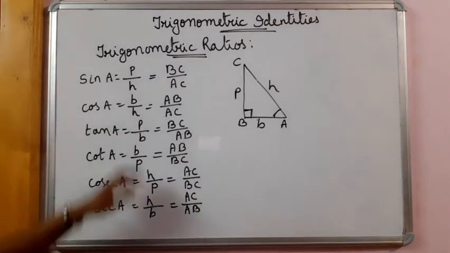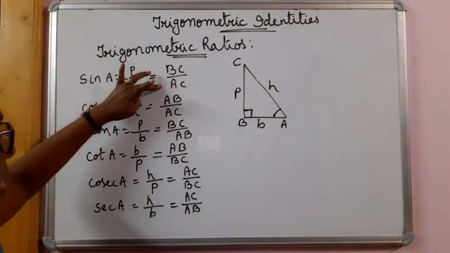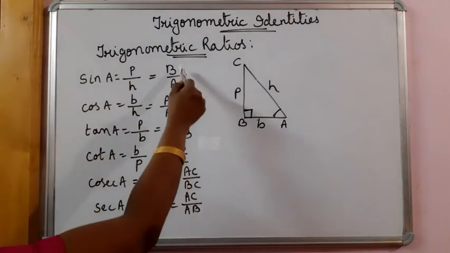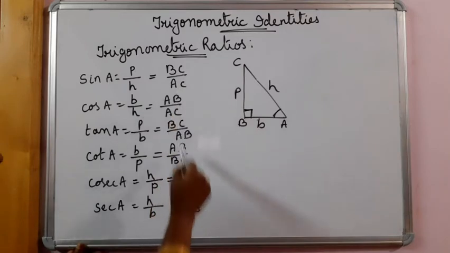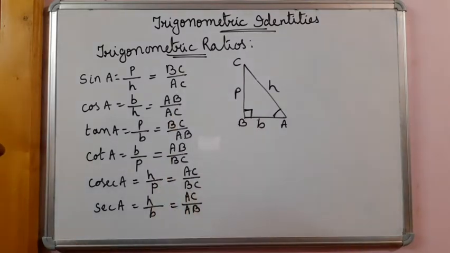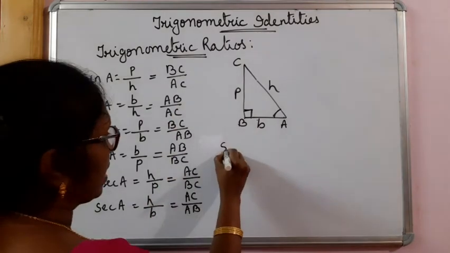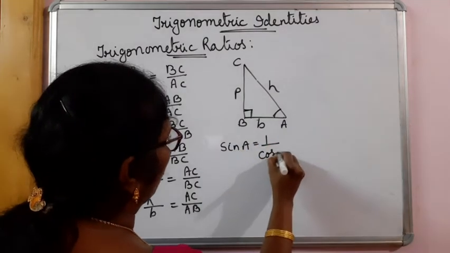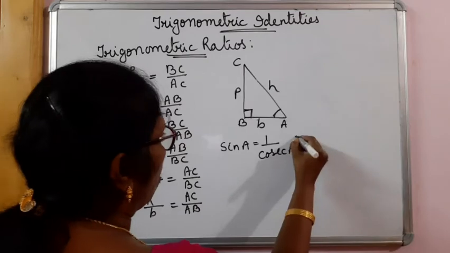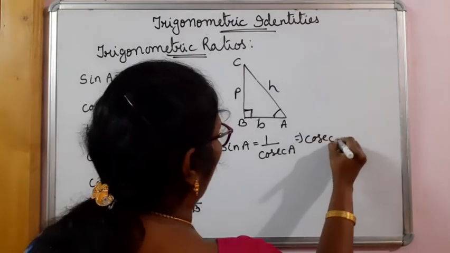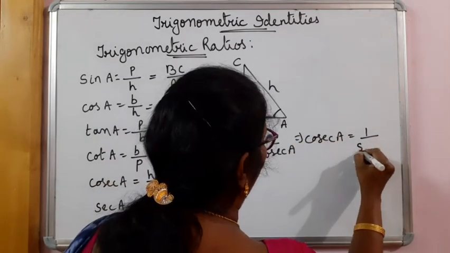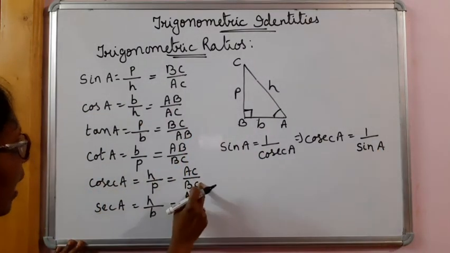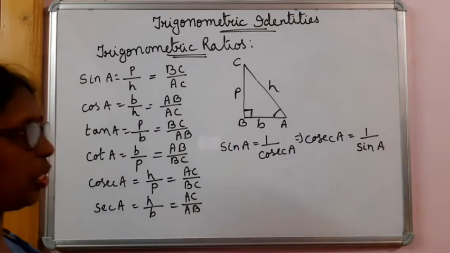Now we can observe that this is BC by AC and this is AC by BC. That means reciprocal of BC by AC is AC by BC. That means we can say sin A is equal to 1 by cosec A, or cosec A is equal to 1 by sin A, because sin A and cosec A are reciprocal to each other.